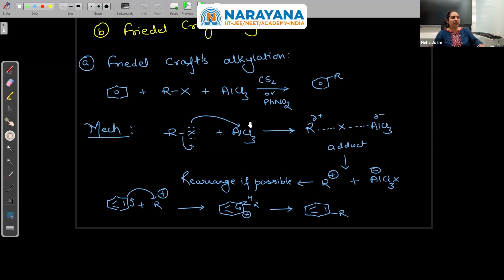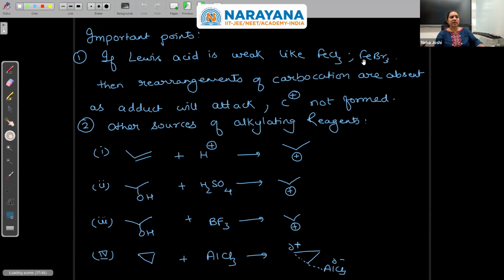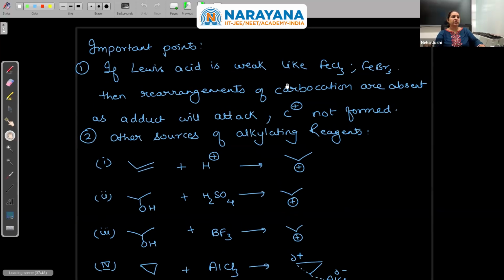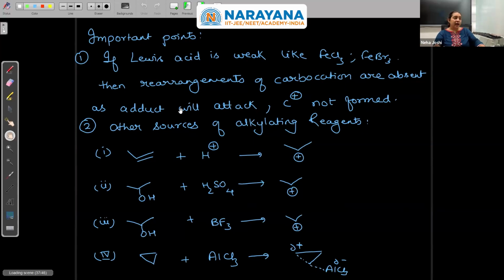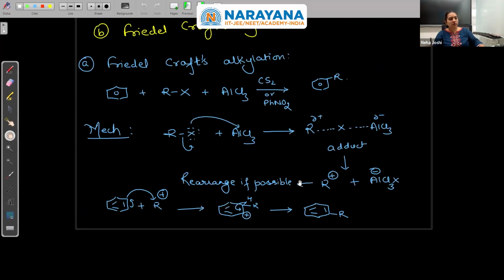If the Lewis acid is weak, like FeCl3 or FeBr3, then rearrangement of carbocations is absent as the adduct will attack directly. The carbocation is not formed. But if it is strong, then a full carbocation is formed and rearrangement is possible.